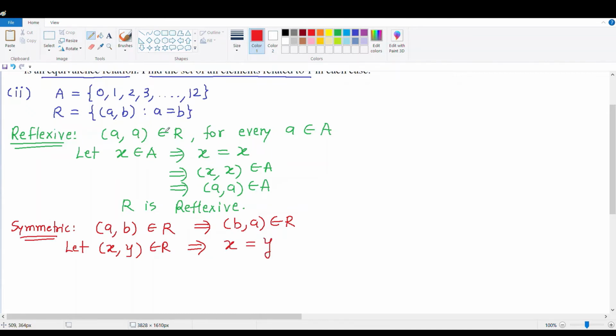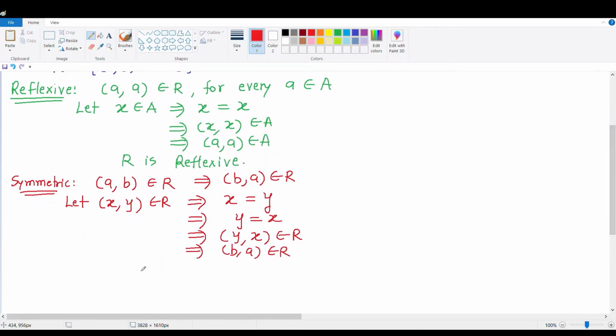Why? Because that's the condition in the relation, a equals b. And since x is equal to y, I can write y is equal to x. And since y is equal to x, (y, x) can also belong to R, right? So I can say that (b, a) also belongs to R. And since (b, a) belongs to R, R is symmetric.